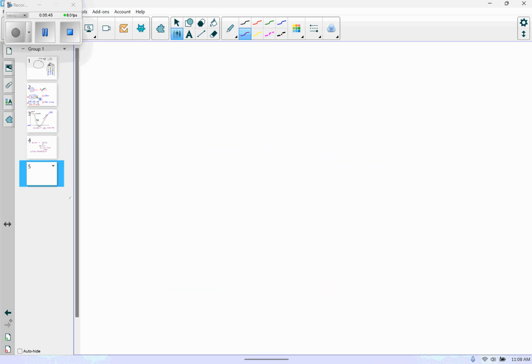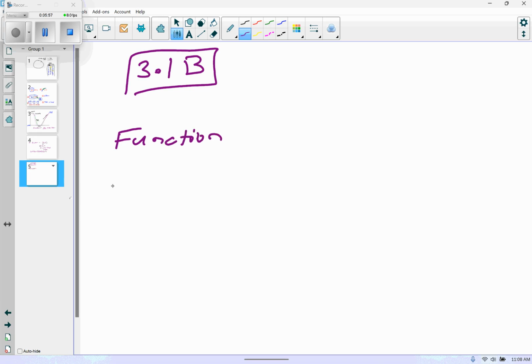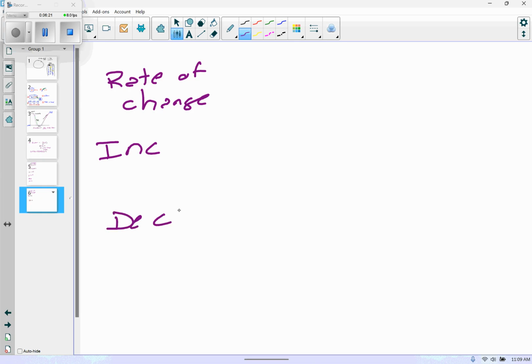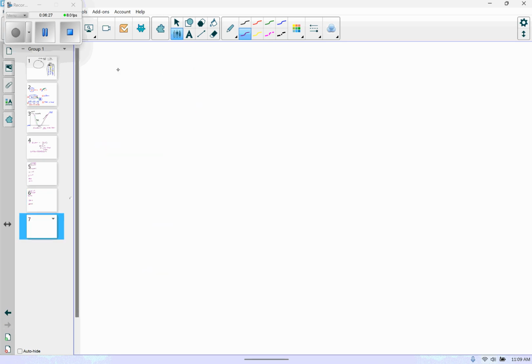So let's now flip over to 3.1b. A function. We have function, we have x-intercept, y-intercept, the maximum, the minimum, the rate of change, where it's increasing, where it's decreasing, where it's 0, domain.